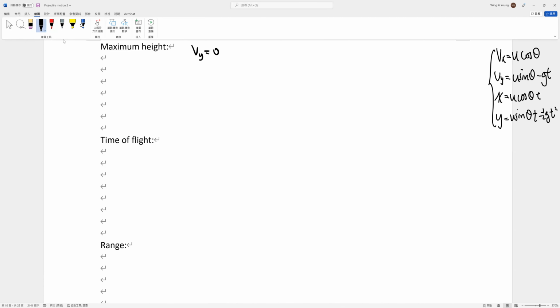Then which equation should we use? The second one, is it? Then we can solve the time. Then the time will be u sine theta over g. So this is the time for the ball to move from the initial point to the highest point.